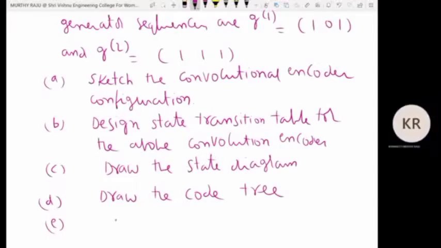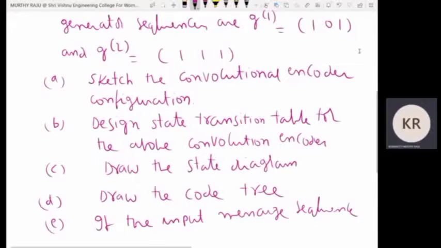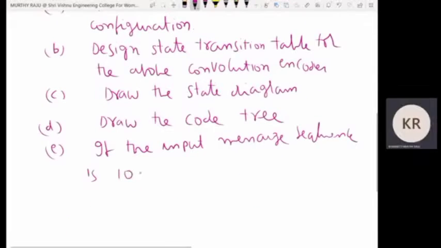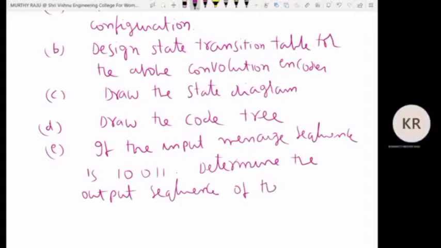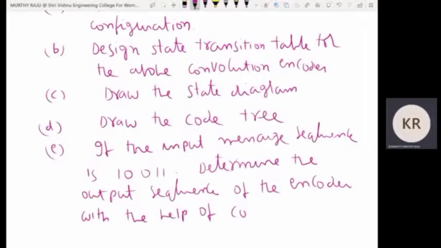E bit, if the input message sequence is 10011, determine the output sequence of the encoder with the help of code tree.